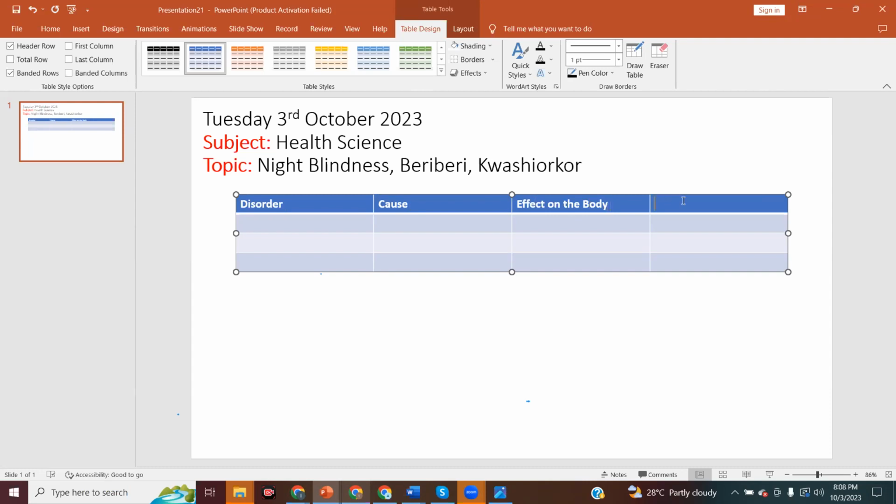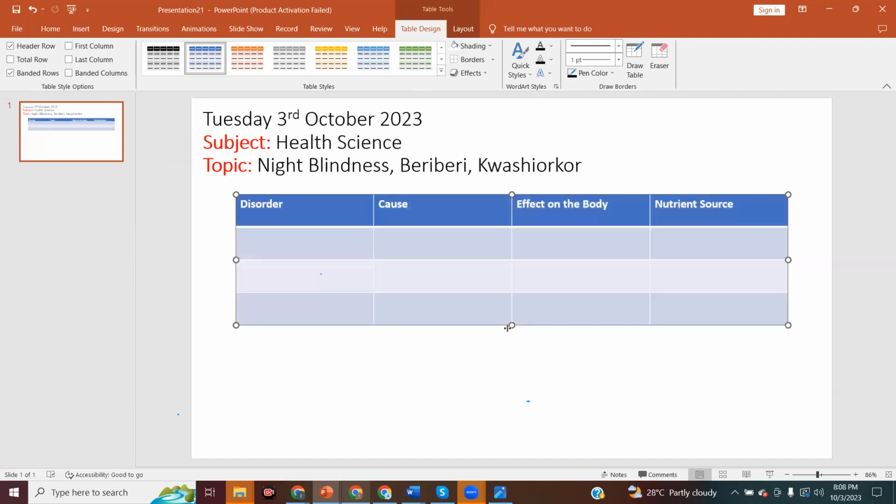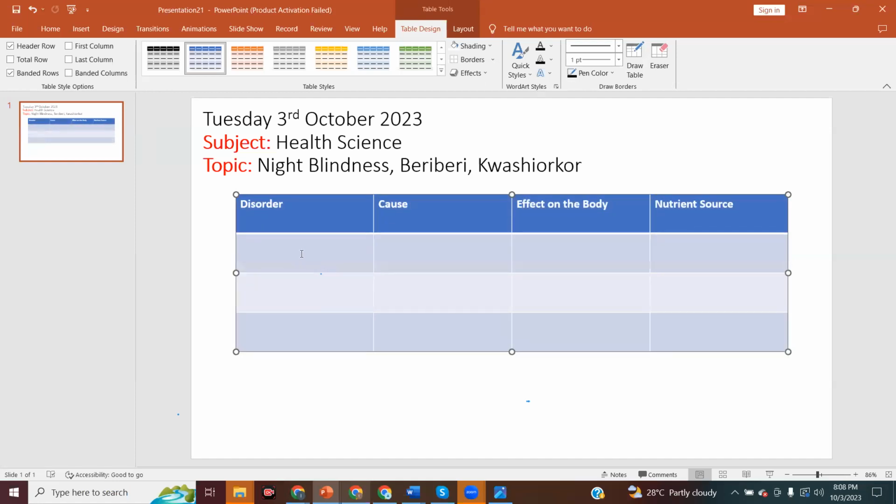And on the fourth column, we have the nutrient source. So let's start off with night blindness.